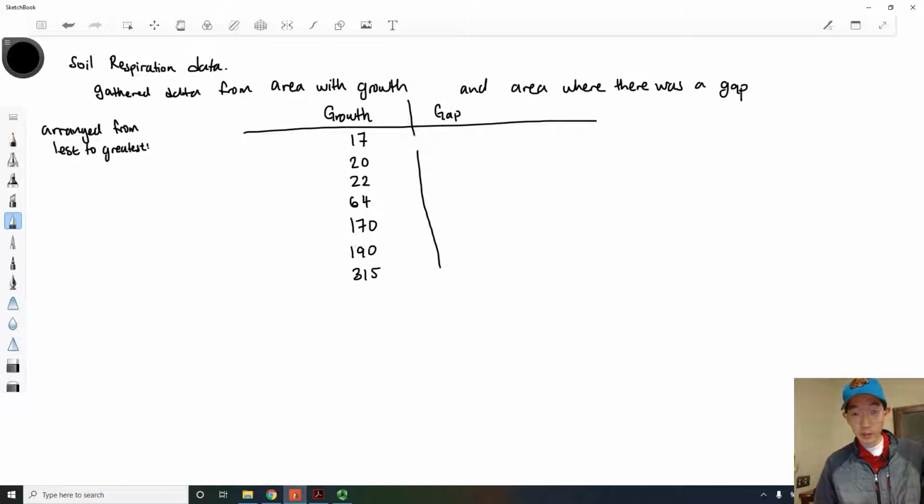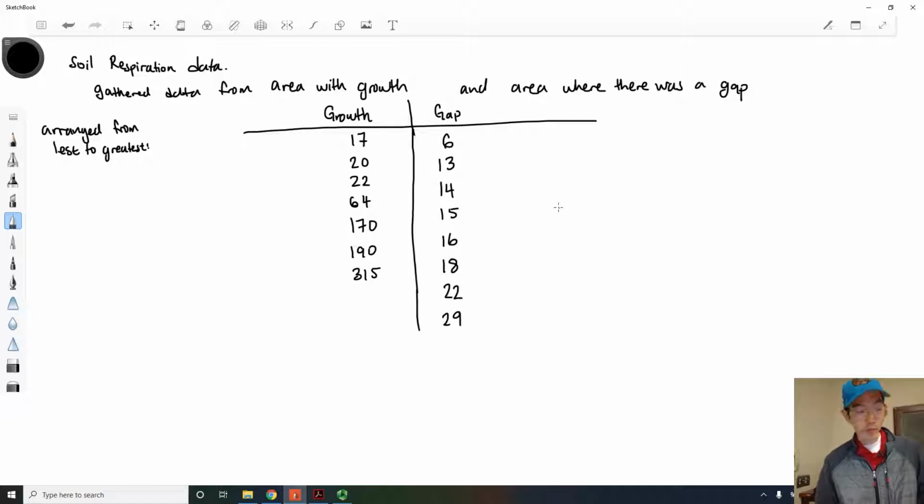And on the other side, for gap: 6, 13, 14, 15, 16, 18, 22, 29.